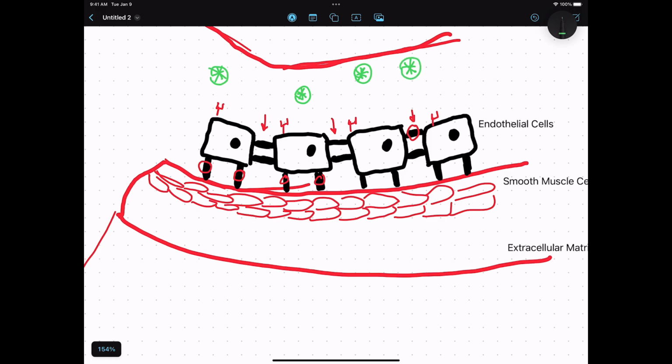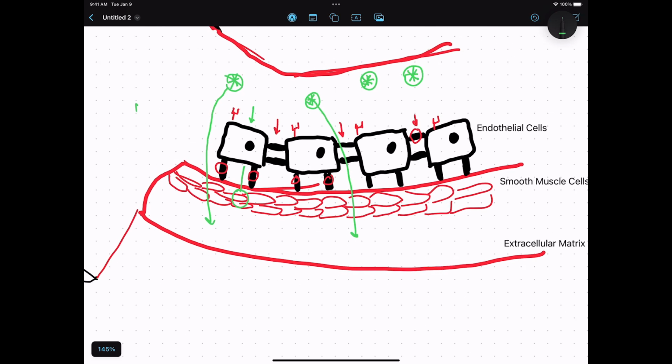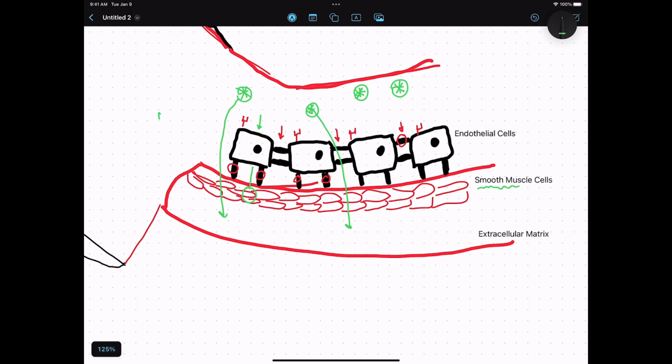When these inflammatory markers become present in the blood, they have the capability of moving down into what we call the extracellular matrix. If we look at endothelial cells, we know that they exist here. Beneath them, right in this area, are smooth muscle cells, and we know those smooth muscle cells respond to what the endothelial cells tell them to do, or what the sympathetic nervous system tells them to do.